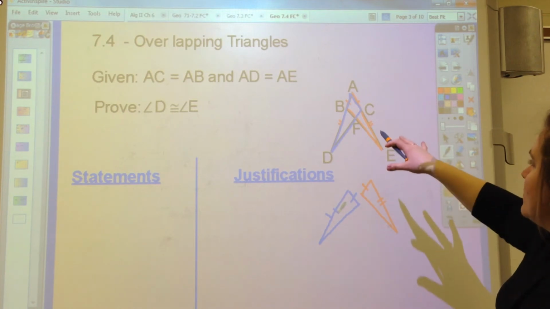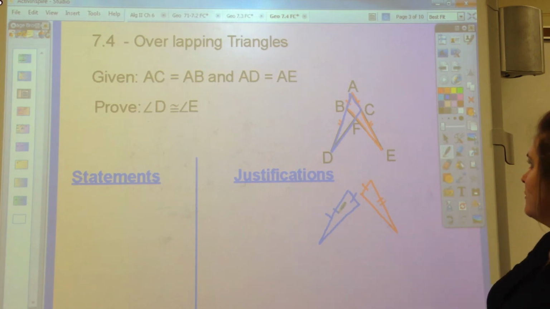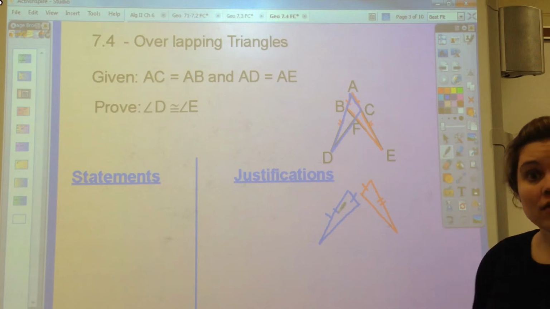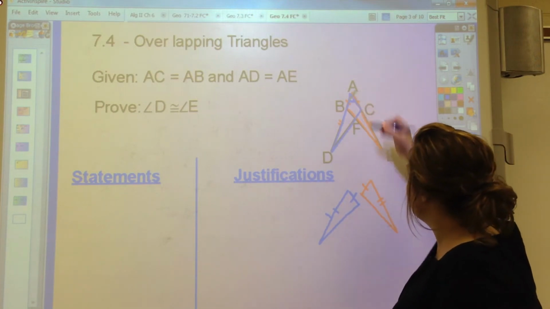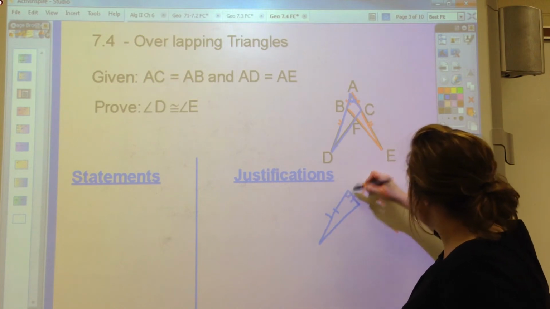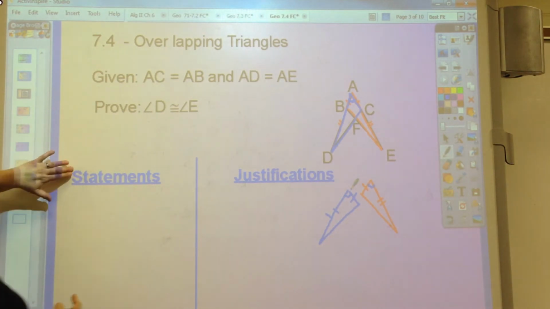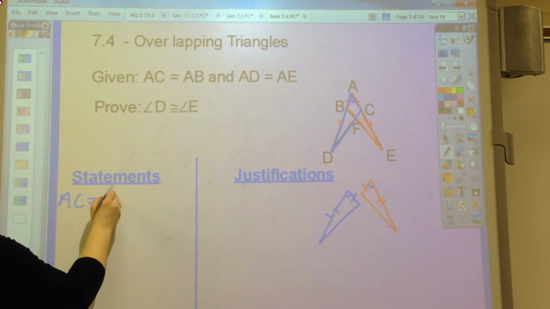Now, as far as my figure, what does my figure show me that these two triangles share? Do they share a side length? Do they share an angle? Hopefully you'll agree with me that they share this angle right here, right? Don't they both have angle A right here? Indeed they do. So now let's go ahead and start our proof. I'm going to start with AC equals AB.